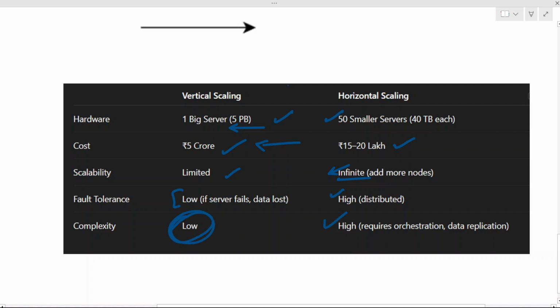While in horizontal scaling it's very high: you need orchestration and replication. Because we chose horizontal scaling at this step, we want to study high level design. I hope you are very clear about the difference between vertical scaling and horizontal scaling, and why we chose horizontal scaling over vertical scaling.